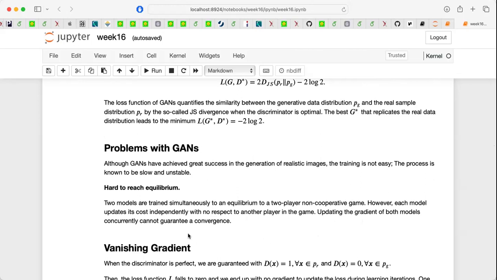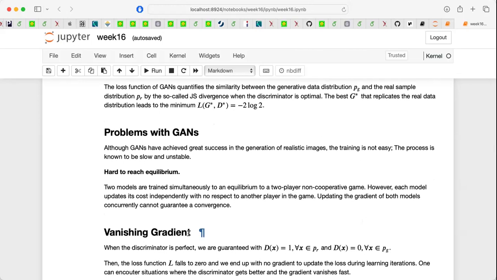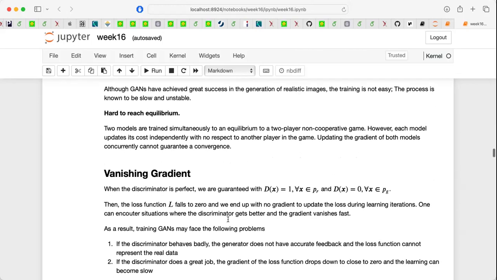Now, there's another problem, which we also have with any training of these networks, and that is the problem of vanishing gradients. When the discriminator is perfect, then we are guaranteed that D of x is equal to 1, and D of x is equal to 0 when it's evaluated on x coming from the generator. That means the loss function falls to 0, and we end up with no gradient to update the loss during learning iterations.